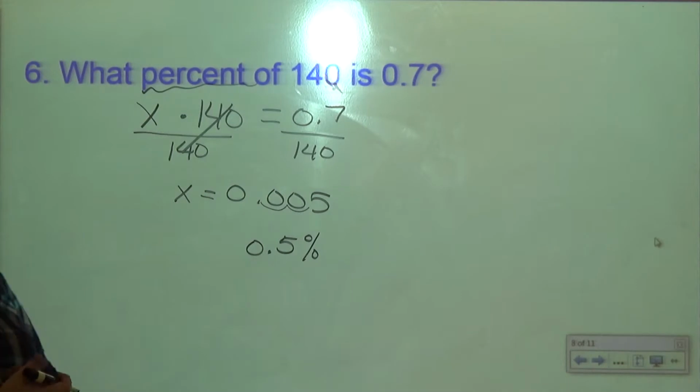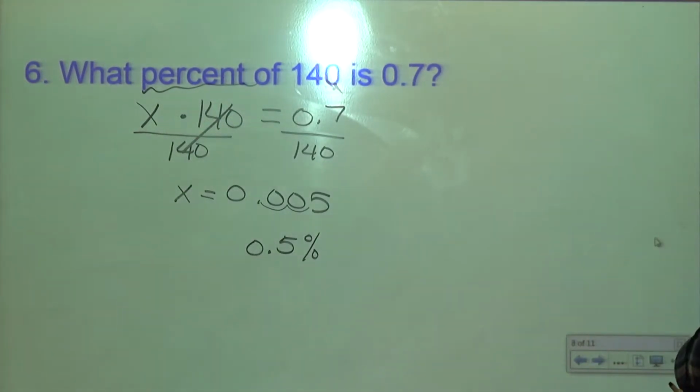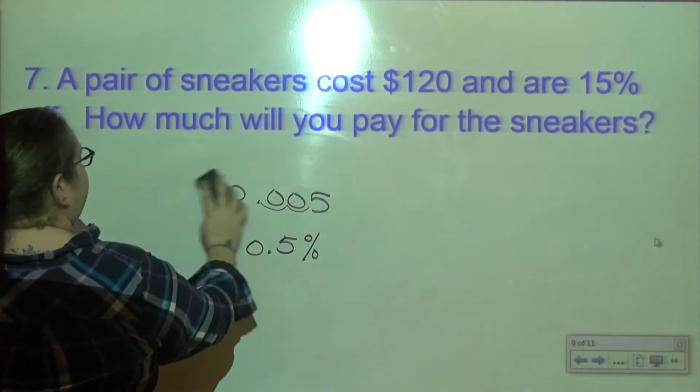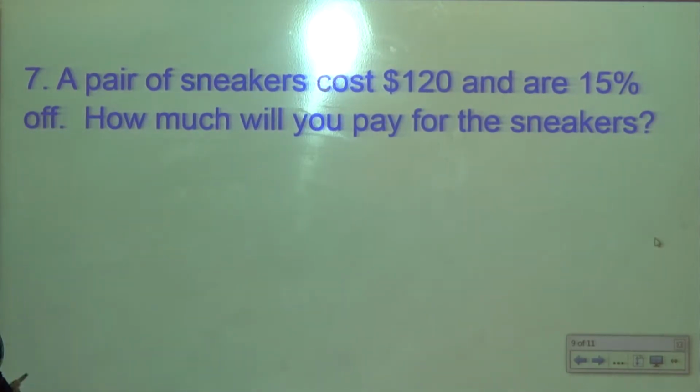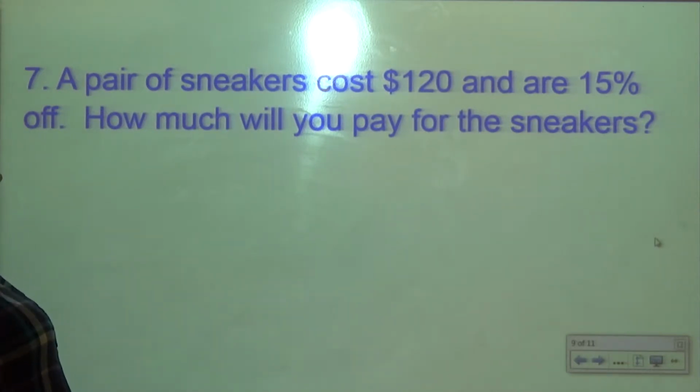All right, now let's do some word problems. A pair of sneakers cost $120 and are 15% off. How much will you pay for the sneakers? All right, so what do we need to find?